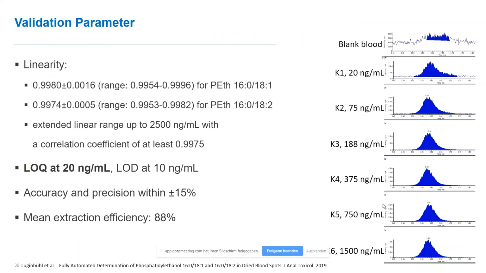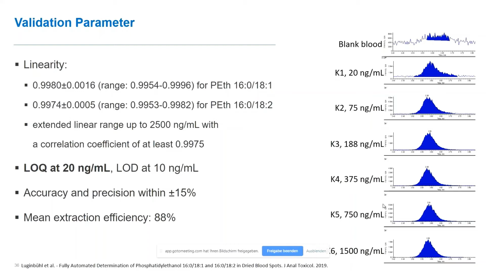We fully validated the method, investigating the linearity, accuracy, and precision, and everything was within FDA guidelines. Considering the linearity, we were at least at 0.998 for PEth 16:0/18:1 and 0.997 for PEth 16:0/18:2, and we had an extended linear range up to 2,500 nanograms per milliliter with a correlation coefficient of at least 0.99.